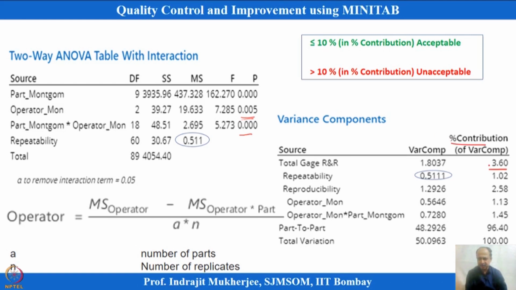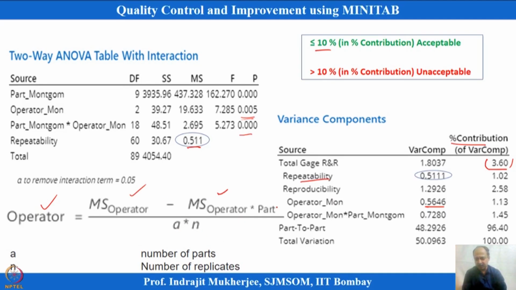However, we have calculated the percentage contribution over here. This is around 3.6, which is much less than the 10% criterion that we are using. Repeatability is the error variation, the mean square error variation. The other measures are also calculated; for operator it is 0.56, which can be calculated by this subtraction and division by a multiplied by n.